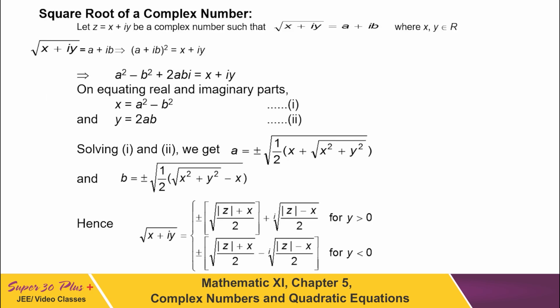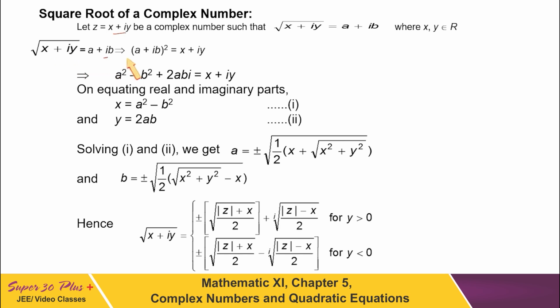On the basis of equality of complex numbers, we are going to study the square root of a complex number. Let z = x + iy be a complex number such that the square root of x + iy is equal to a + ib, where x and y are real numbers. Then you can write √(x + iy) = a + ib.